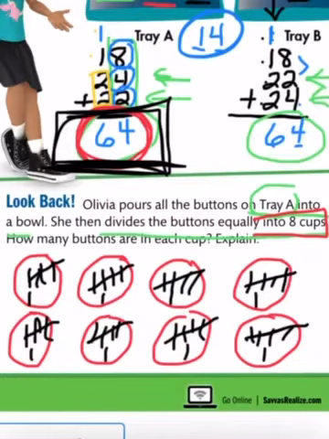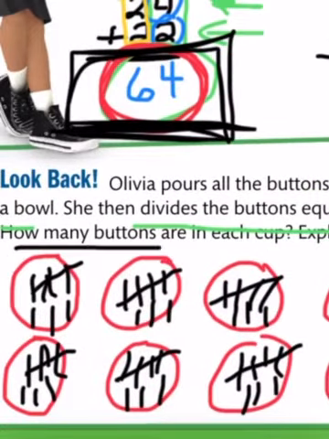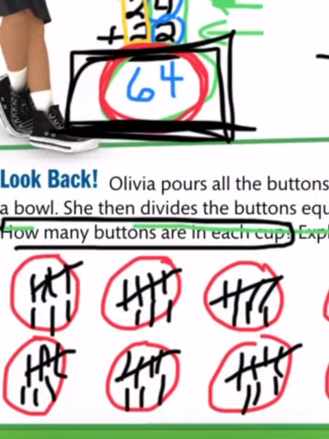We're getting close. 49, 50, 51, 52, 53, 54, 55, 56, 57, 58, 59, 60, 61, 62, 63, 64. I put all 64 buttons into the cups, same number in each cup, and then the big question was, how many buttons are in each cup?